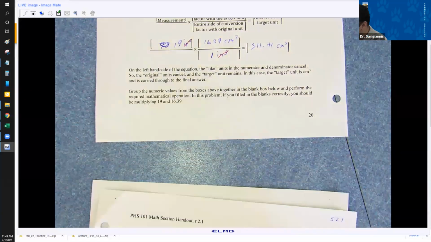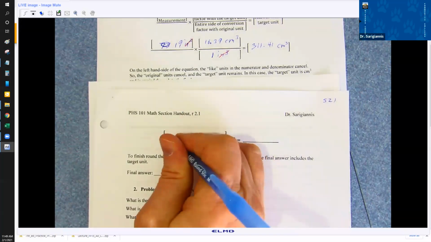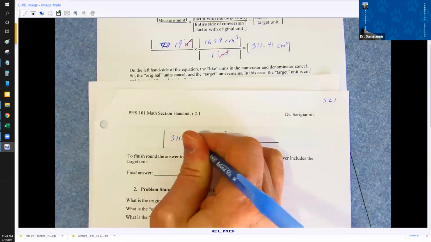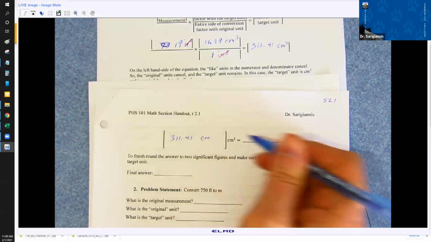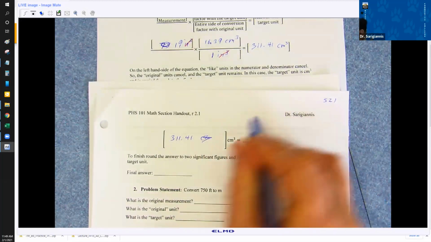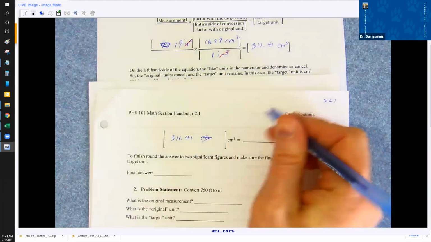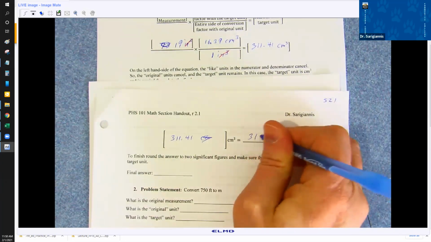There's another page here where there's more stuff to read if you want. 311.41 cubic centimeters. Now we look at this number and ask how many significant figures we need. We're rounding here.